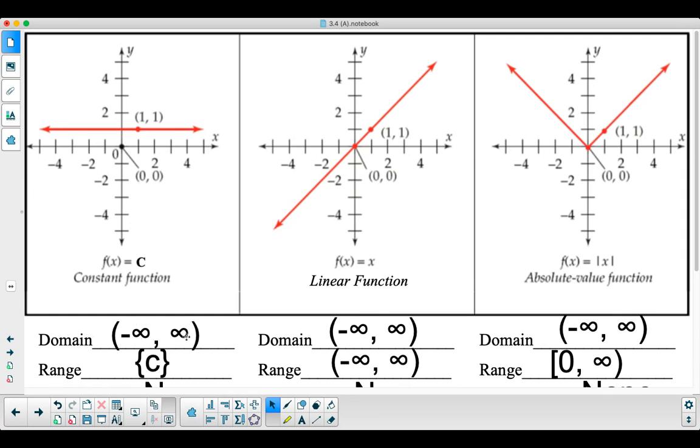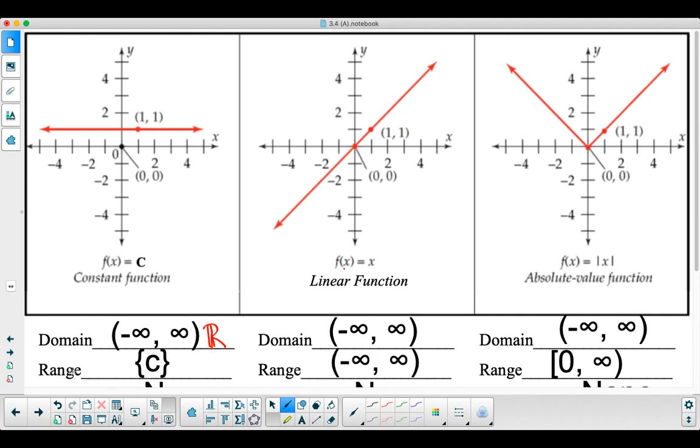Anytime you see negative infinity to infinity, that interval, we can also shorten that to be the set of all real numbers. And the set of all real numbers is just a capital R, kind of written fancy like that with that double bar right here on the side.